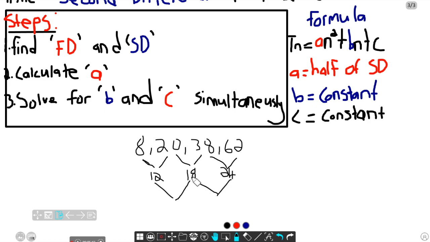So we're going to say 18 minus 12, which is going to give us 6. Now this is going to be our second difference. Now I want you to notice in a quadratic, can you see that our first difference kind of makes a linear pattern?